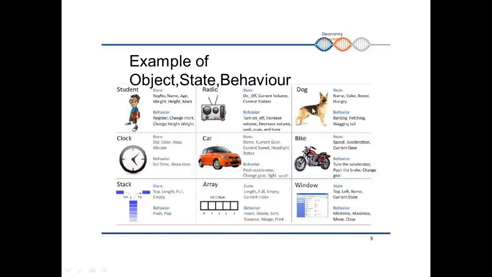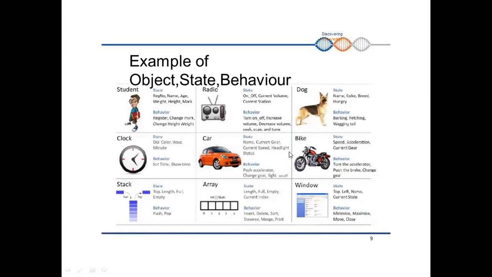Our next object is dog. So data members for a dog can be name of dog, color, breed, hungry. We can also add weight, height as per our requirement. So operations performed by a dog can be barking, fetching, wagging tail, and others as per requirement we can add. Running we can add.